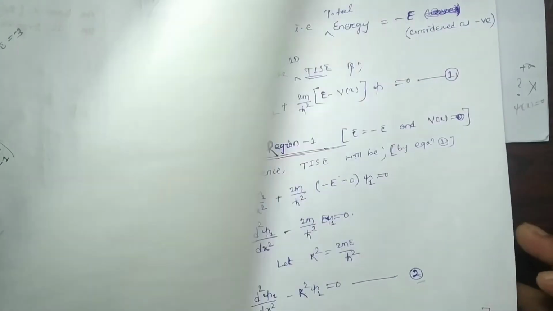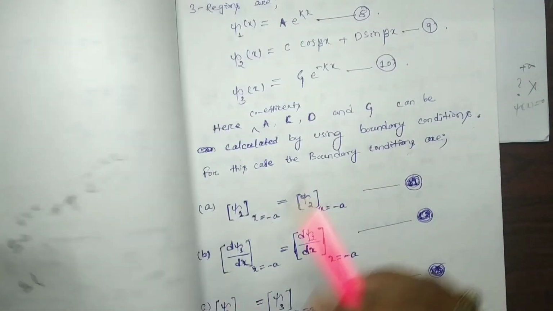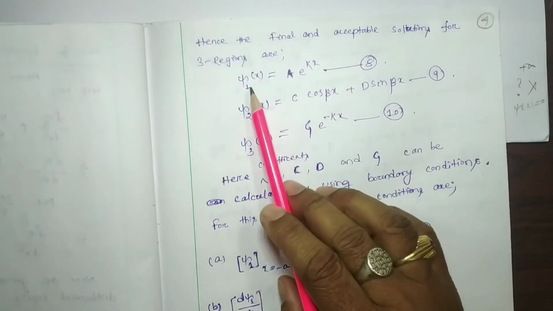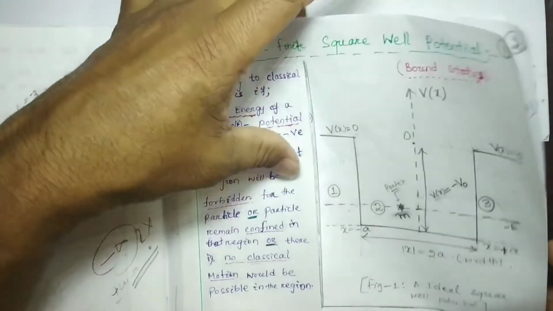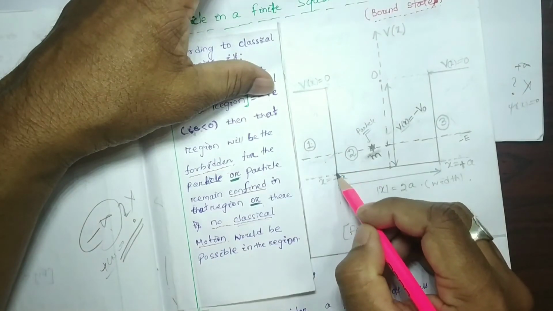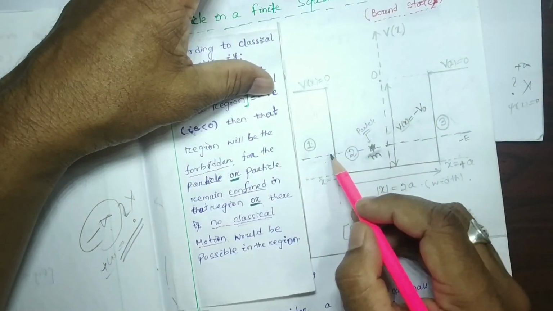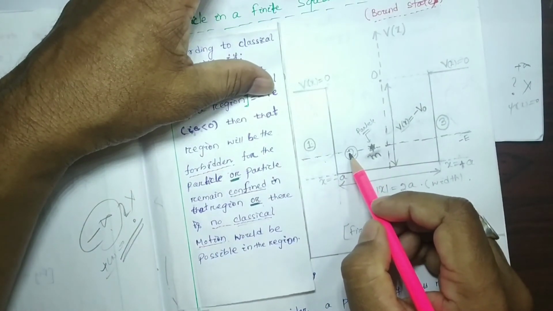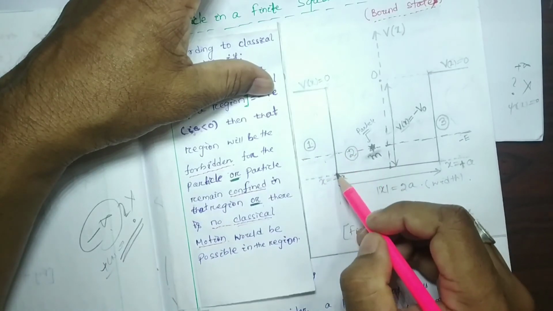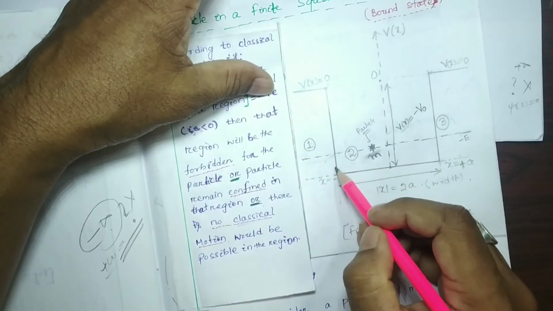Here we confirmed that there is the existence of the wave function in regions 1, 2 and 3, and the boundary condition tells us that exactly at x equals minus a, this wave function will be equal to this wave function, and both are continuous at this boundary, at this interface.